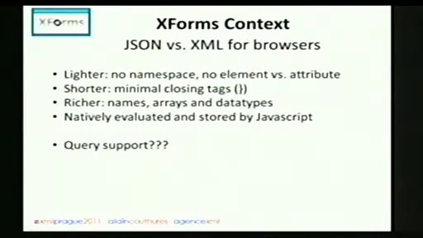Okay, what about JSON? JSON versus, I would say, XML. Some people say JSON is lighter because there is no namespace, there is no element versus attribute, what should I choose? And so, okay. Well, it's shorter because of mainly minimal closing tags, just brackets, a lot of them sometimes.